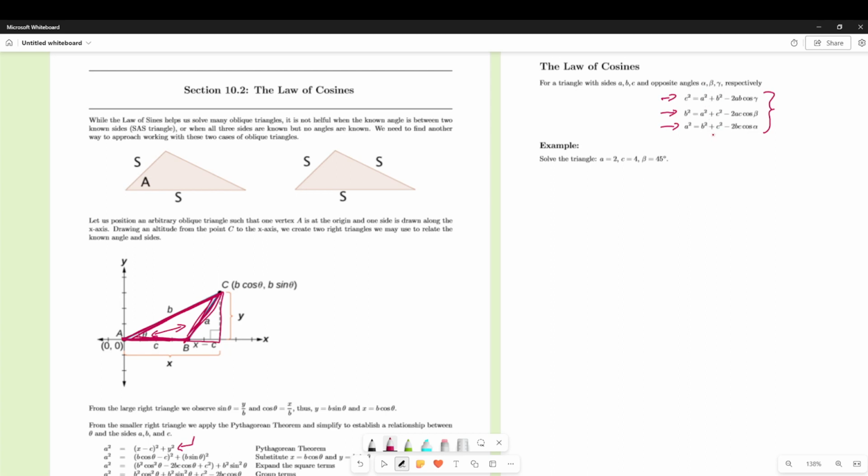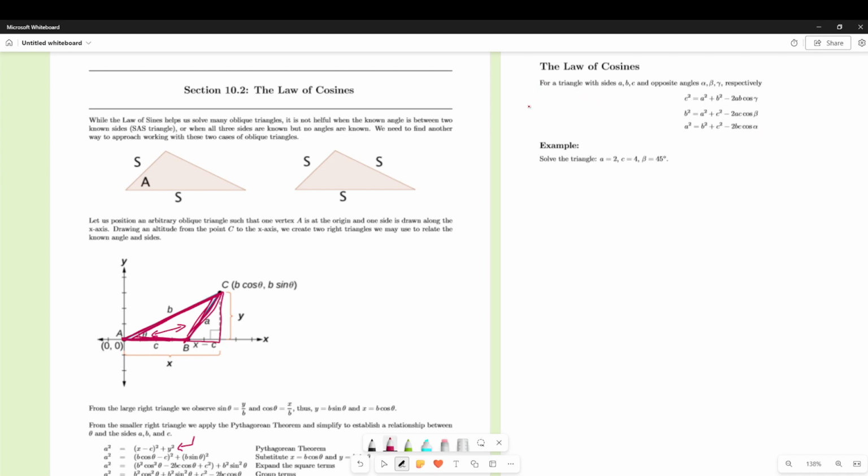They all say the same thing, as long as that's C and that's angle C, angle gamma, that's B and that's angle beta, that's A and that's angle alpha. As long as those are opposite pairs, the labeling is really arbitrary. So don't get hung up on the fact that it's got these three different versions.